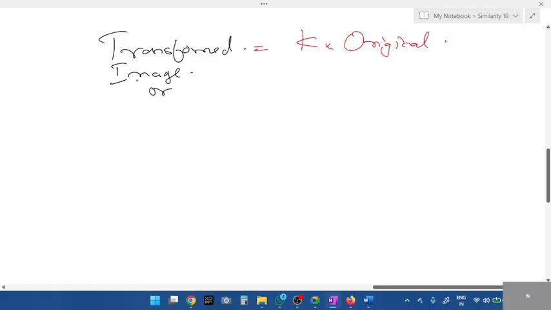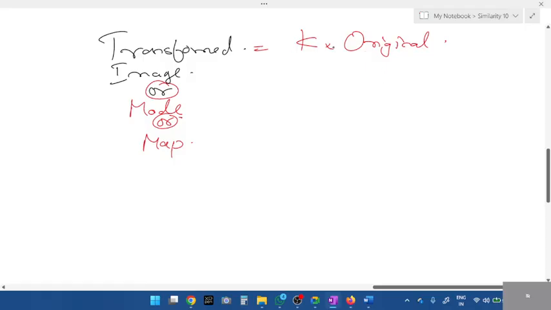This transformed, you call it as image or model or map, is equal to k into original value.